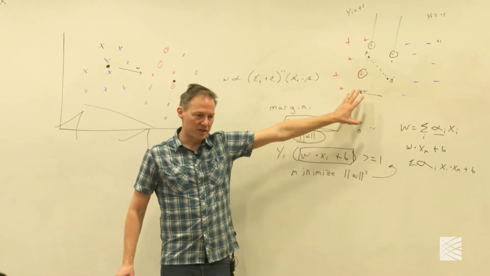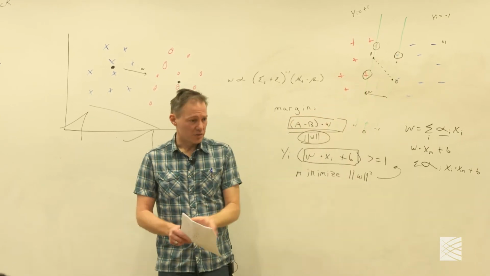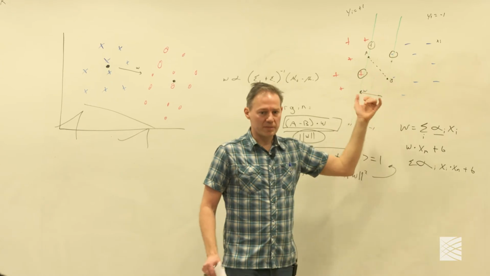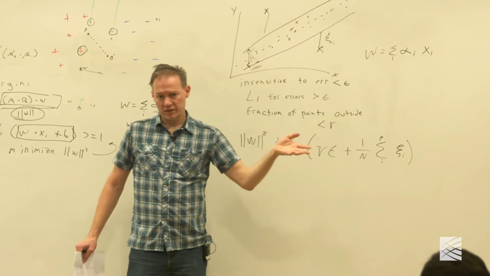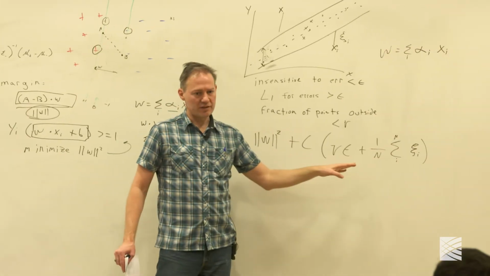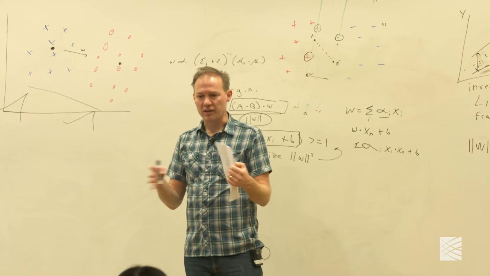In support vector machines, you'll often have slack variables for the case where it's not linearly separable, where you want to balance regularization and fit to the data. So they'll have slack variables here as well, where things are allowed to violate the margin.